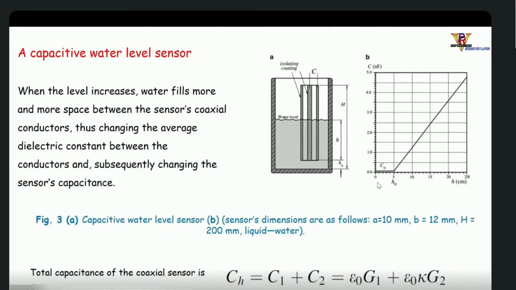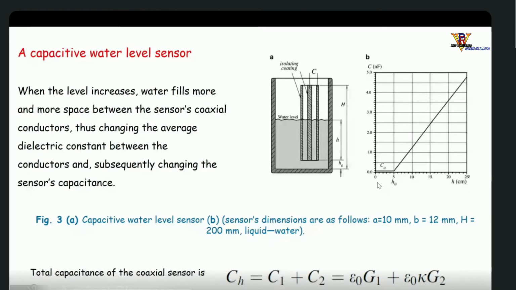And if the tank is filled with water, what happens? Earlier in these two conductors there was air, now the air is replaced by water. Because of the different dielectric properties of air and water, the capacitance will definitely change. Correct?